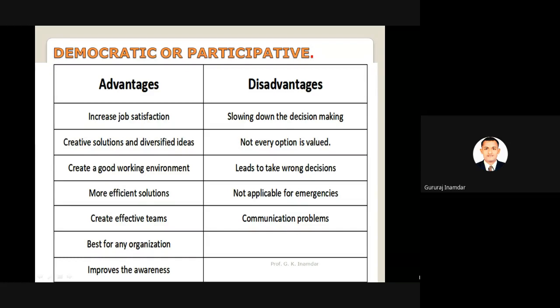Already we have discussed that when the number of people is large, definitely the time required will be maximum. Is it right?